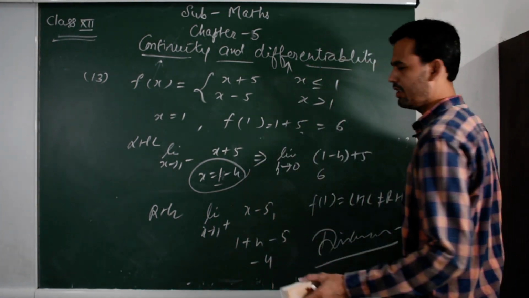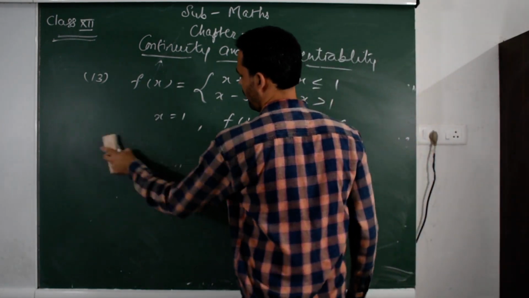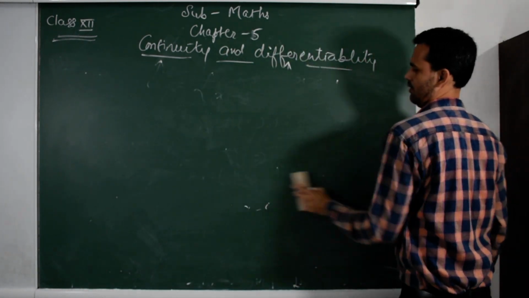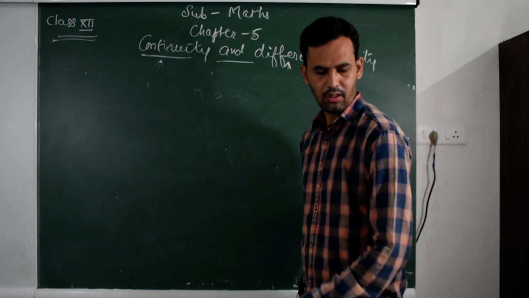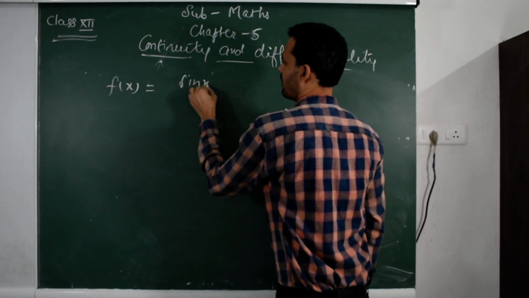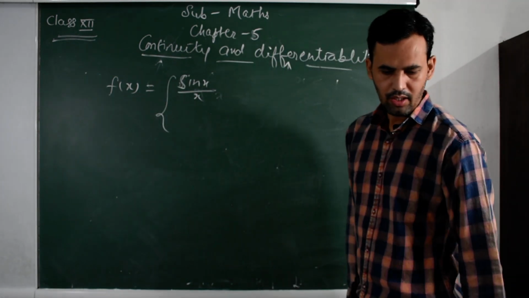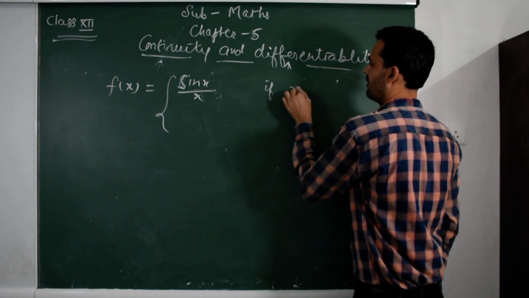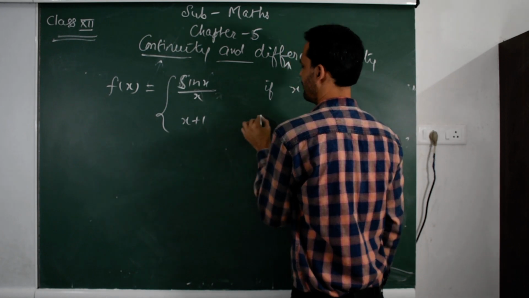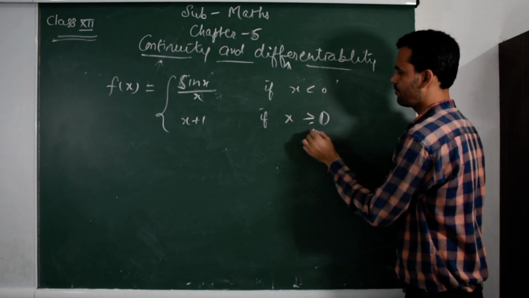Okay. Next question. Question number 23. Other questions are similar, so we take question number 23. f(x), trigonometric function, f(x) equals sin x upon x if x is less than 0 and x plus 1 if x is greater than or equal to 0.